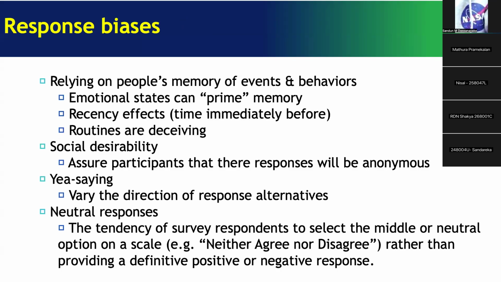This is what we observe when we go to the incident place, the actual field, because people have their memory of events and behaviors. They construct a world about what they experience. Okay, so that is response bias. Emotional states can prime memory. So if you were happy about a certain thing, you might experience happiness emotionally.